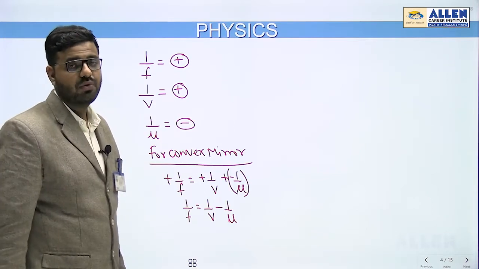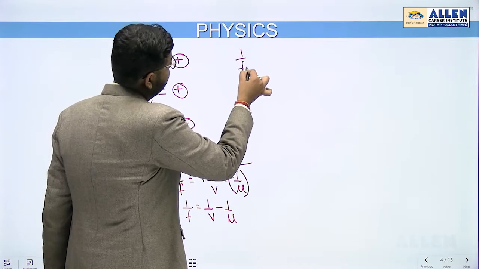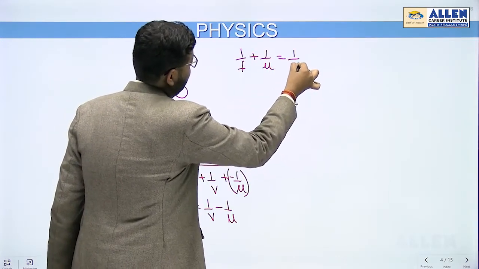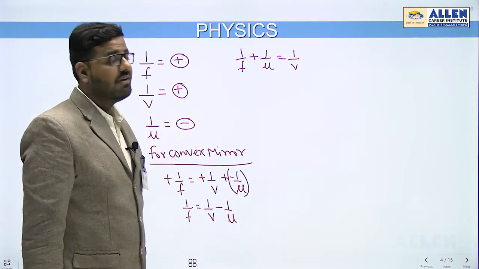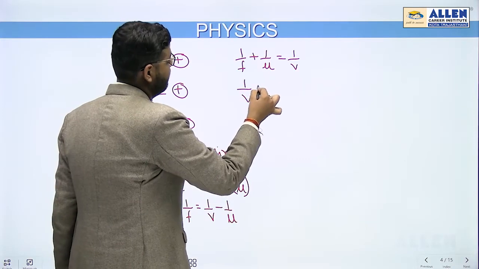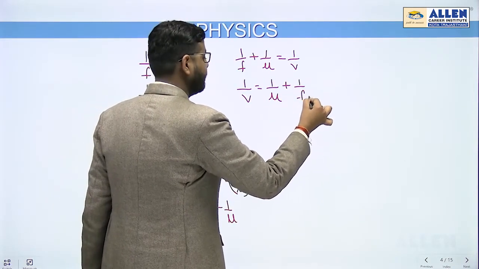So we can write 1 by f equal to 1 by v minus 1 by u, or we can write 1 by f plus 1 by u is equal to 1 by v. Okay. So 1 by f plus 1 by u equal to 1 by v. Rearranging this equation, we get 1 by v is equal to 1 by u plus 1 by f.